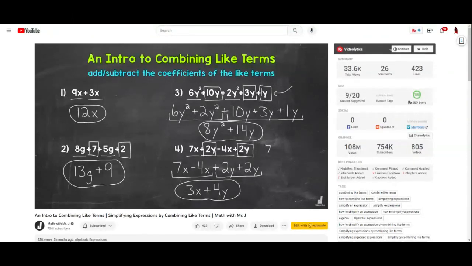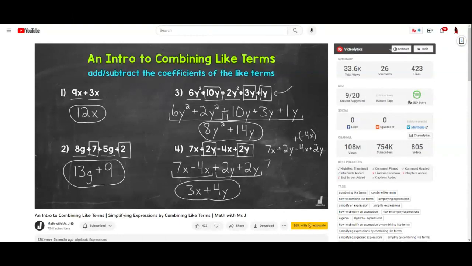I'll rewrite the expression off to the side here. So 7x plus 2y minus 4x plus 2y. So let's rewrite subtraction as adding the opposite. So adding the opposite of a positive 4x is a negative 4x. So adding the opposite.